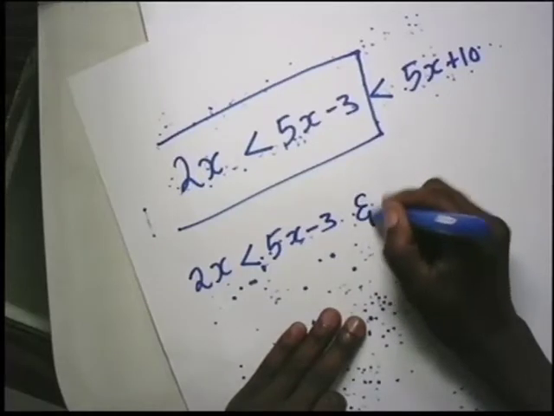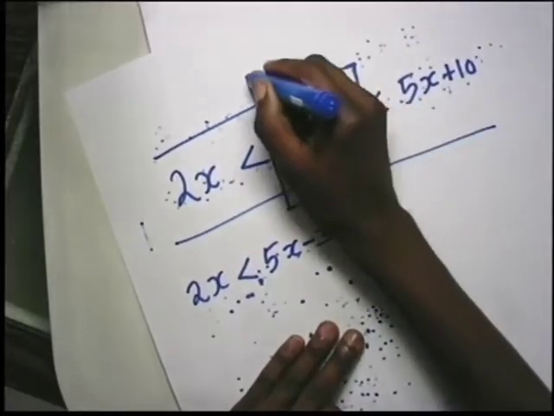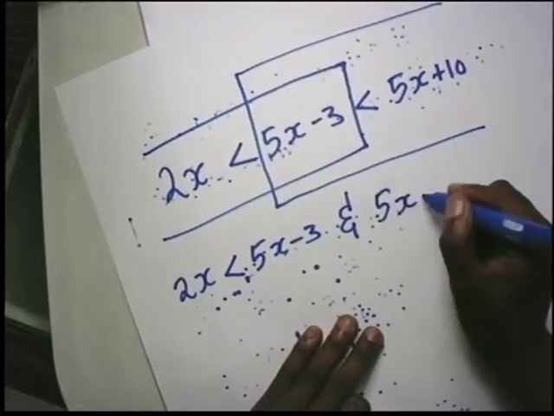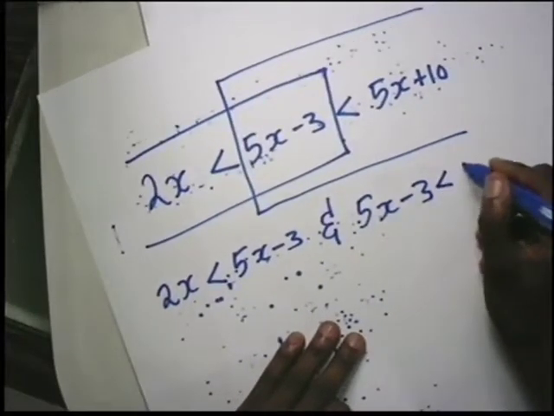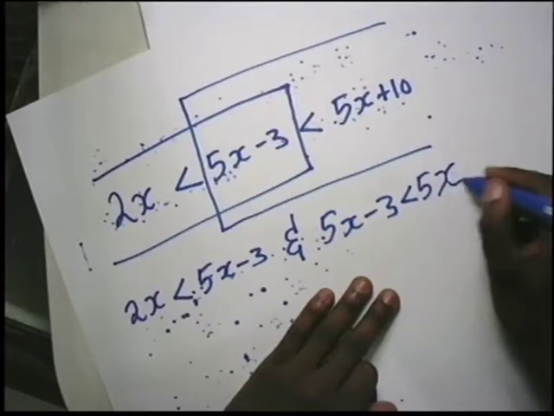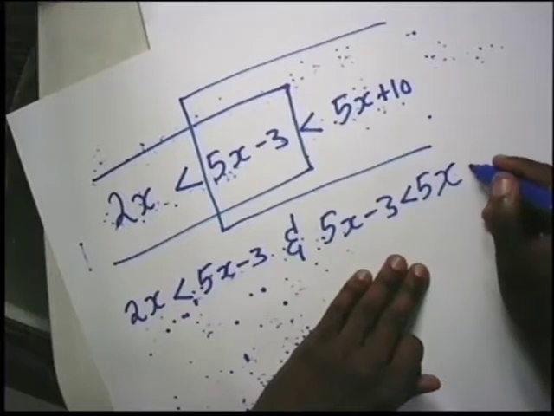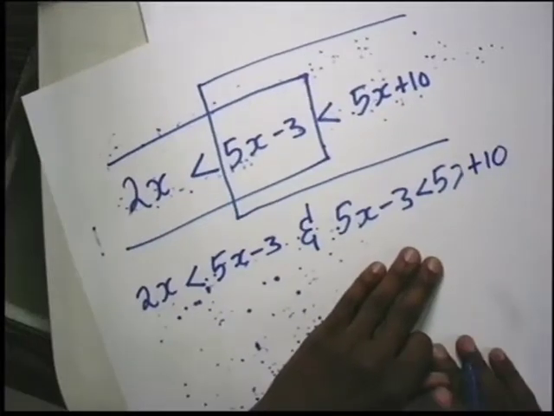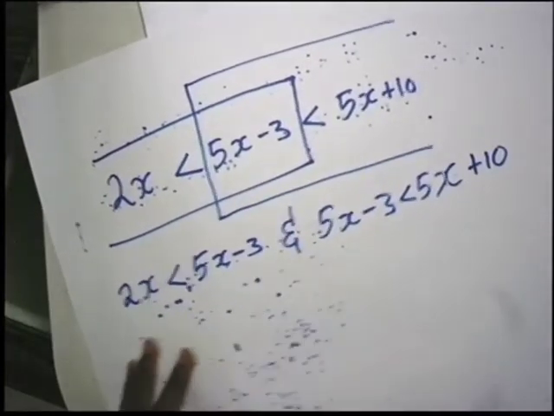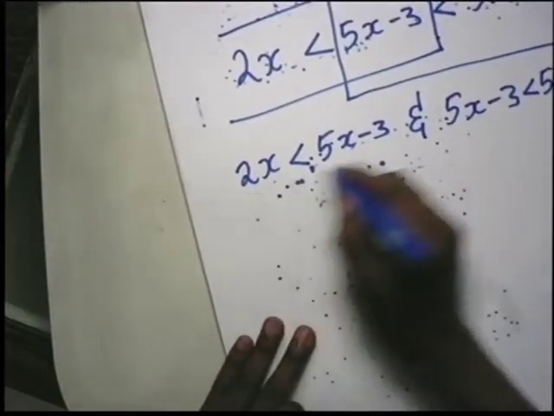And solve the other part separately, this part here: 5x minus 3 less than 5x plus 10. All right. The next step after that is to concentrate on the first part.